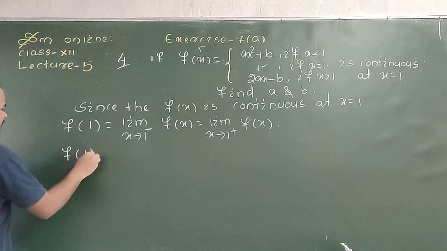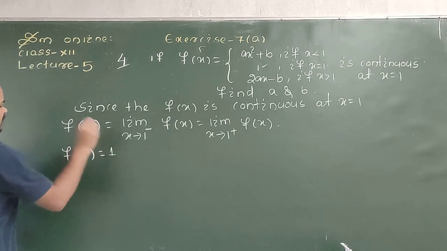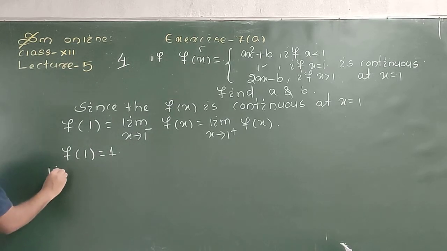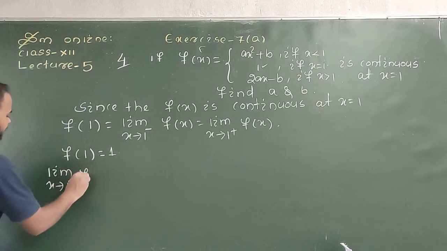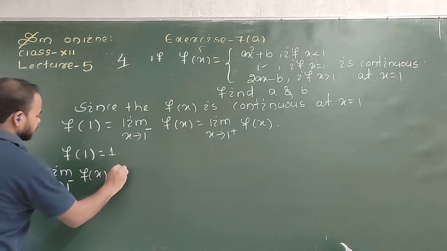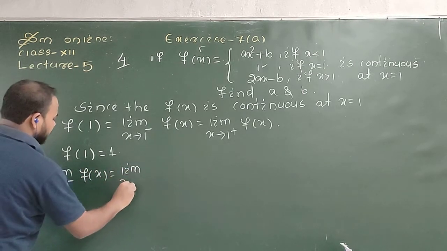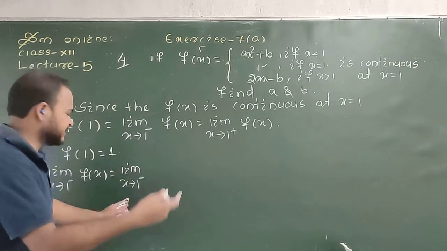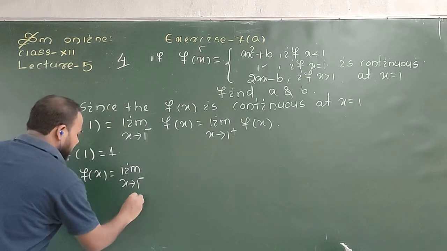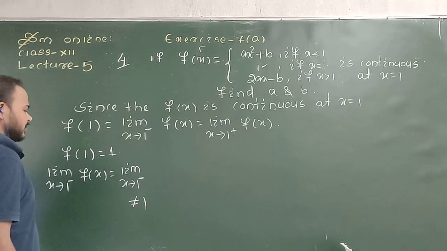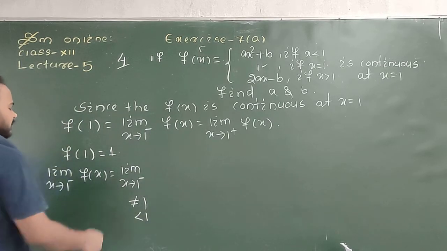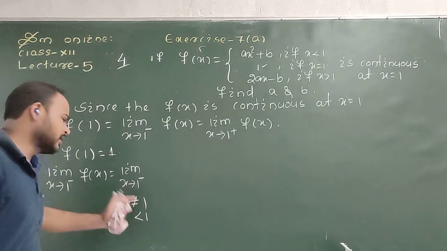So f of 1 is equal to 1. Then find left hand limit x tends to 1 minus f of x, equal to limit x tends to 1 minus. Now 1 minus is not equal to 1, it is less than 1 for left hand limit, very very close to 1.